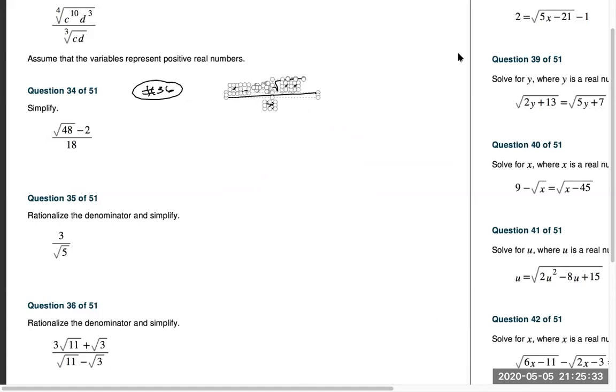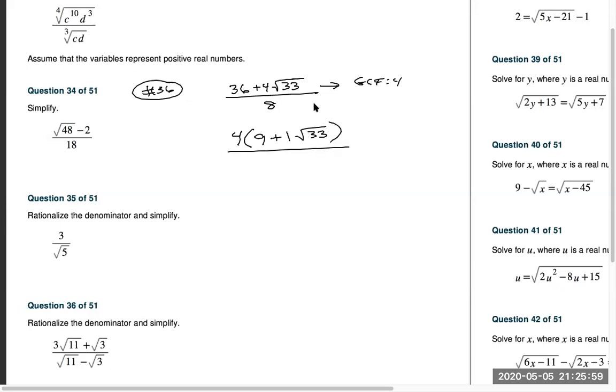Okay, and then on the bottom here, 36 and 4 have 4 as a GCF. So we're going to factor 4 out, and we're left with 9 plus 1 root 33.